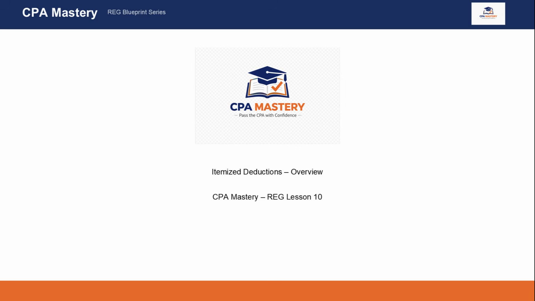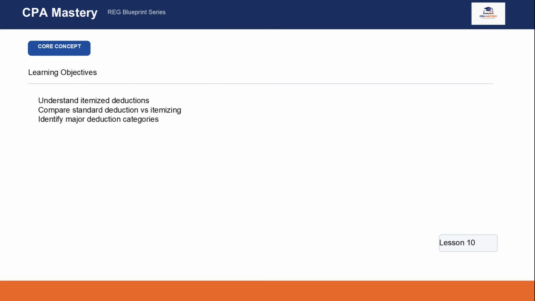By the end of this lesson, you should understand what itemized deductions are, how they differ from the standard deduction, and the major categories of itemized deductions tested on the CPA exam. In this lesson we will focus on three primary objectives. First, we will define itemized deductions and understand how they reduce taxable income.